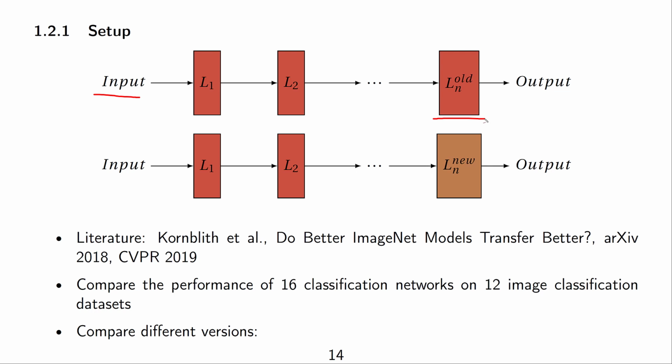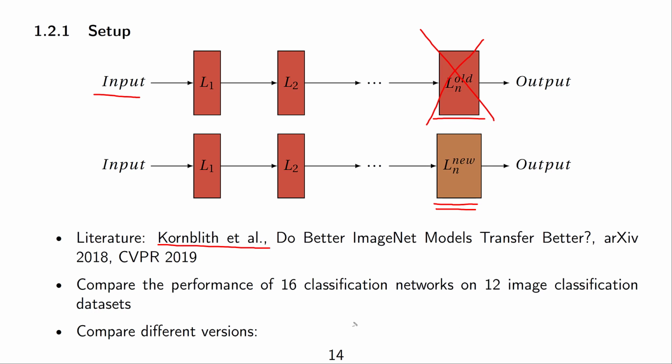And then what we're going to do is take out this last layer and insert a new layer, L new, that has a different number of classes based on our new dataset that we're interested in. We're going to look at results from this particular paper that did a lot of experiments with regards to transfer learning.